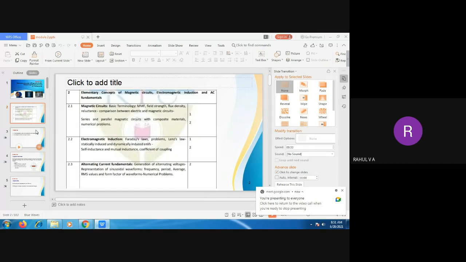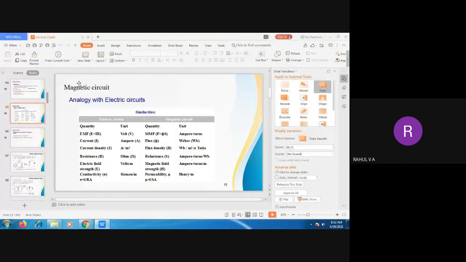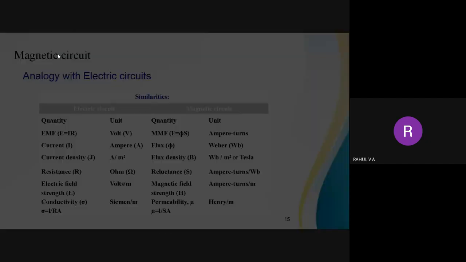We have seen the basic terminologies, like what is lines of force, what is MMF, what is field, what is reluctance, what is magnetic field strength, and how to compare between electric and magnetic circuits. This was the comparison we were discussing in the last class.